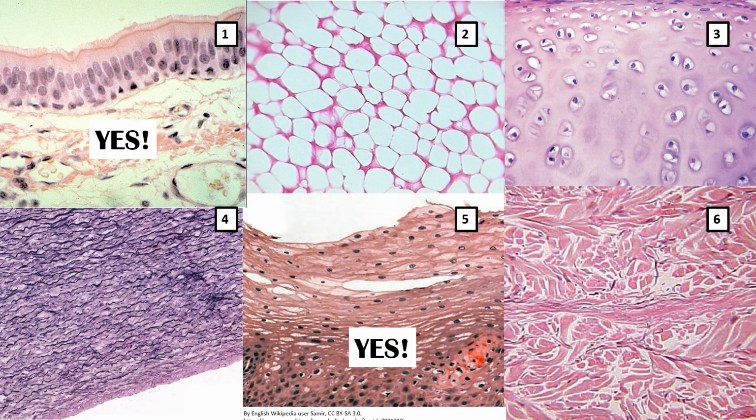Did you guess numbers 1 and 5? If you did, you're correct. Remember the 4 characteristics that we looked at. Roughly uniform cells, so most of the cells in the epithelial tissue here and the cells that are in the epithelial tissue here, they look kind of the same shape.